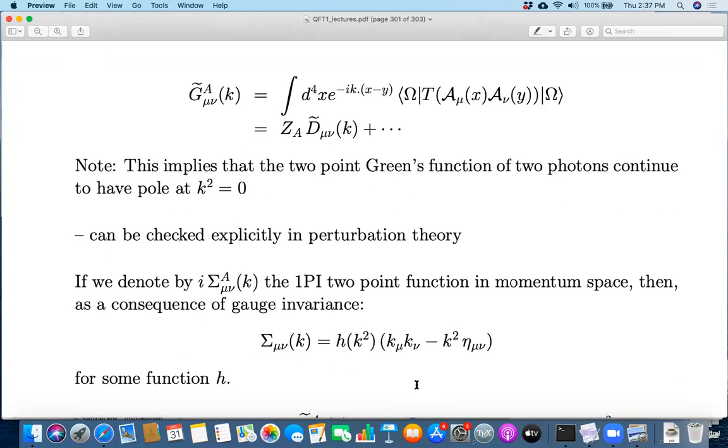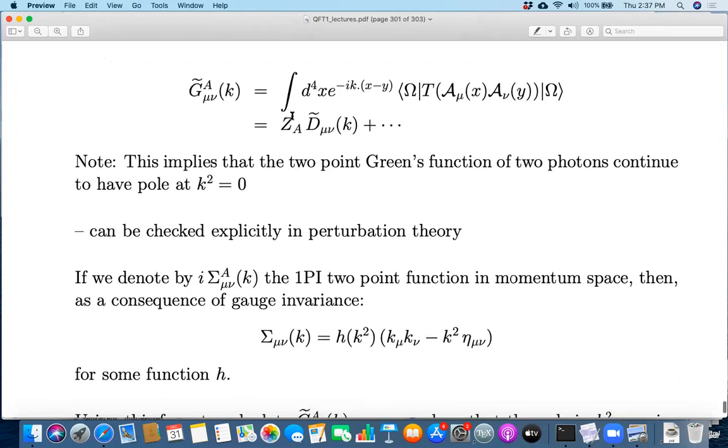So here I have written this equation again. What this tells us is that a 2-point Green's function of 2 photons will continue to have a pole at k squared equal to 0. Now this is a somewhat non-trivial statement, right?